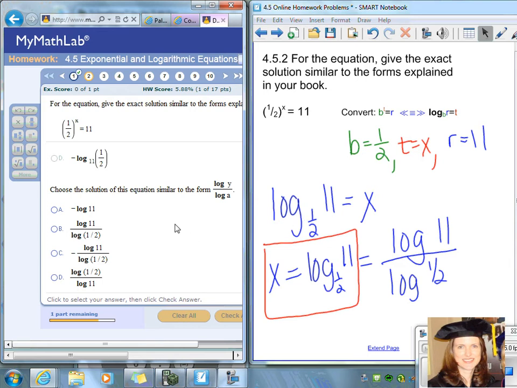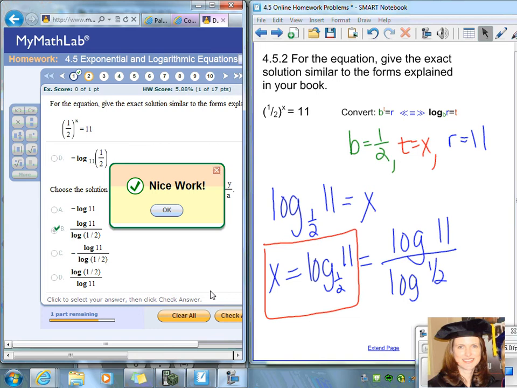Now the next part, it says choose the solution of this equation similar to the form log y over log a. Alright, so in this part, log base 1/2 of 11 can also be written as log of 11 divided by log of 1/2, using the change of base formula. Go ahead and check your answer for that one.